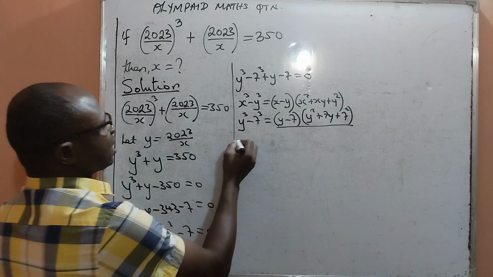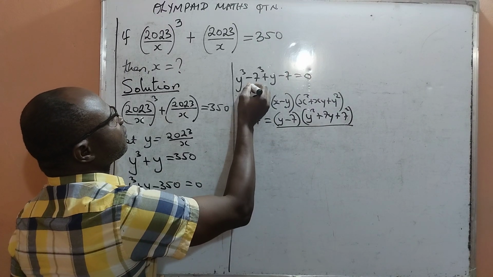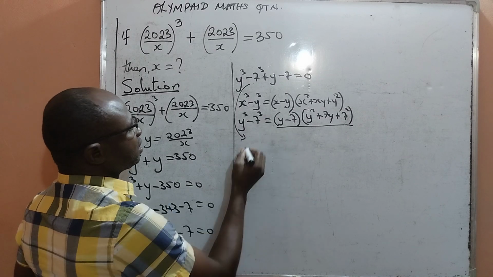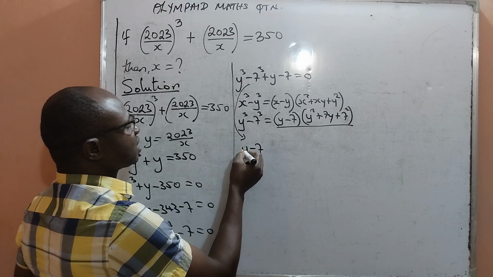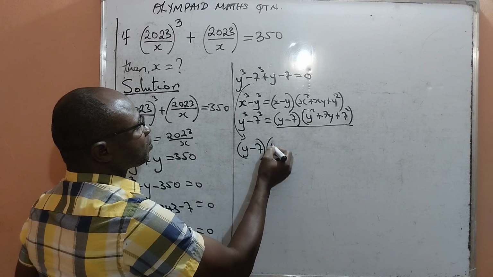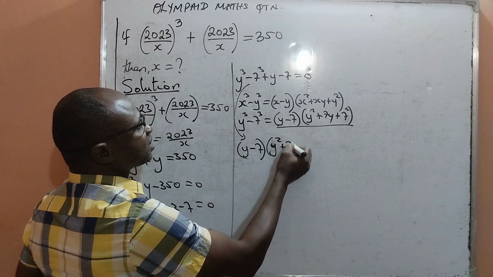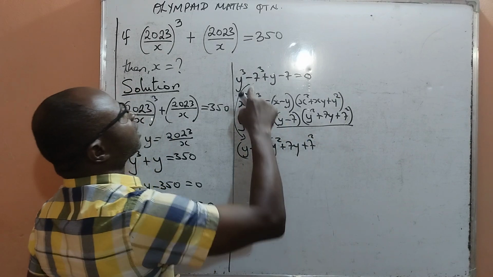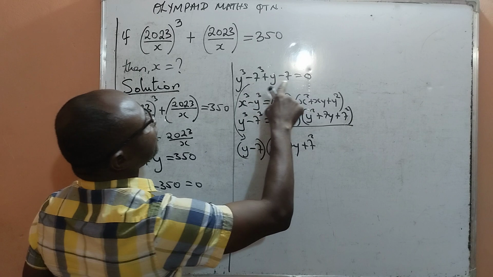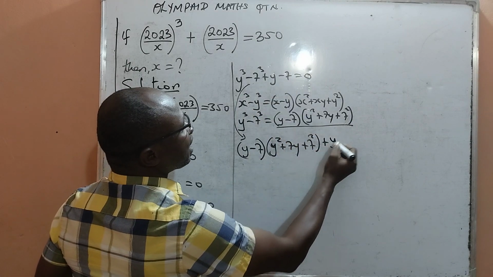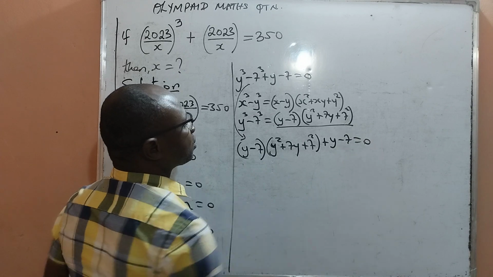And that means I will now have from this point, it will now be written as (y - 7)(y^2 + 7y + 7^2). Okay, I now have again plus y minus 7 equal to 0.